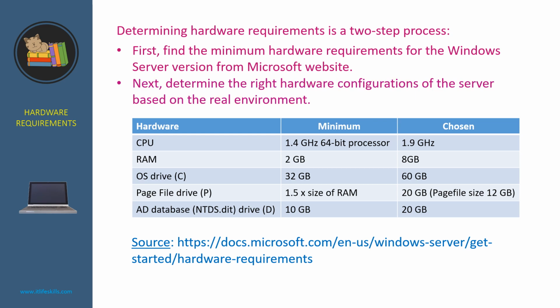Next, we need to determine the right hardware configurations of the server based on the real environment, such as the number of users and applications. Here are the minimum hardware requirements for Windows Server 2019 that we get from the Microsoft website. And here are the configurations that we choose for our domain controller.